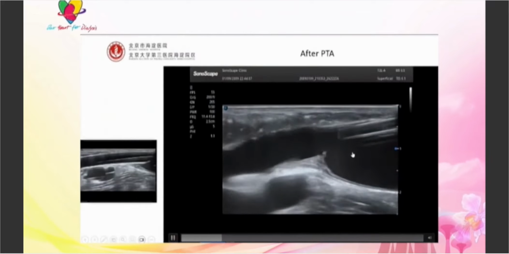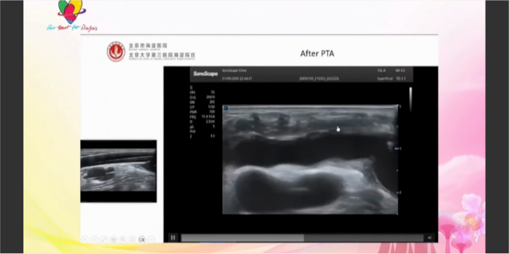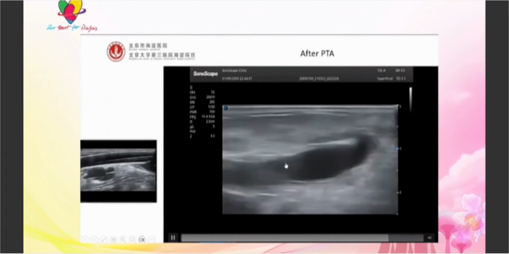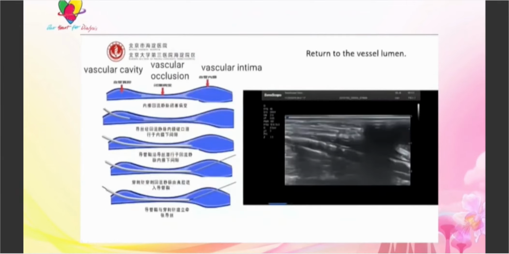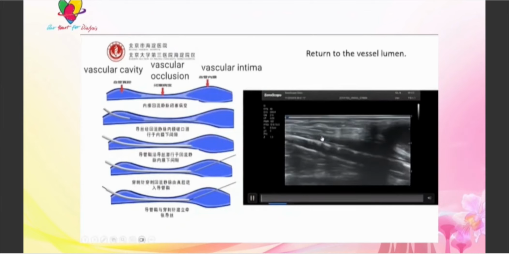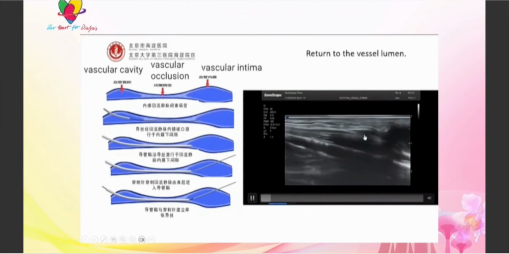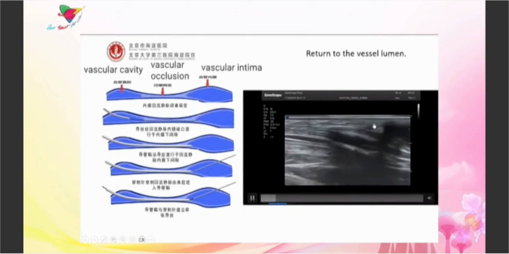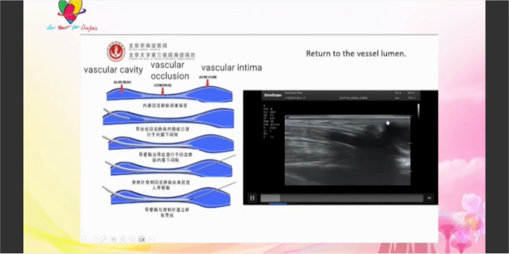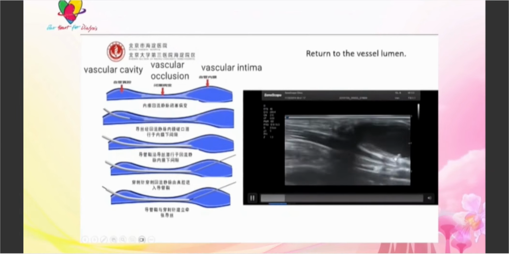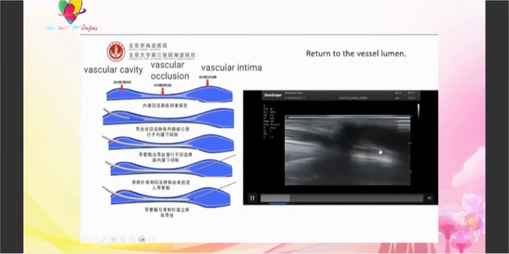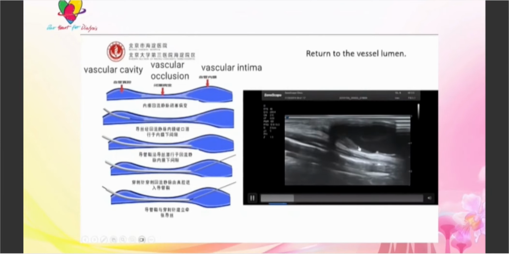This is the vascular after PTA. There are many methods to return to the vascular cavity. Look at this case. This is a guide wire. The guide wire is very close to the vascular cavity, but it is always located under the vascular intima.